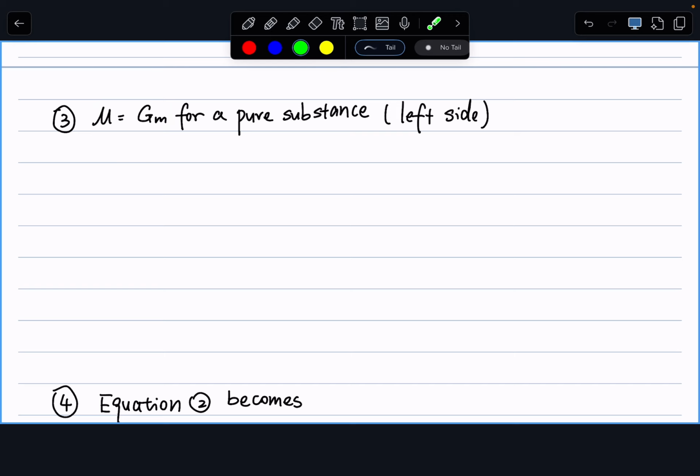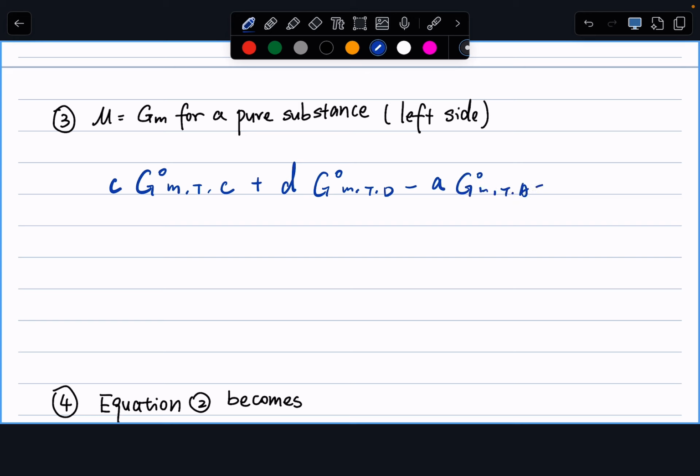The other way to put it is we can rewrite the top terms into molar Gibbs free energy. That becomes c times G naught molar at temperature T for species C, plus d G naught m,T for D, minus a G naught m,T for A, minus b G naught m,T for B. What are these things?